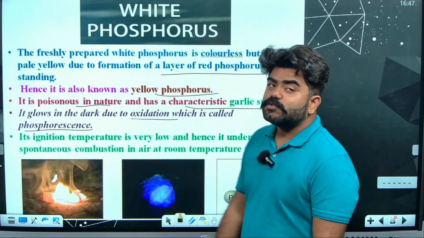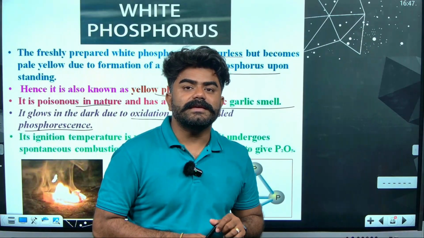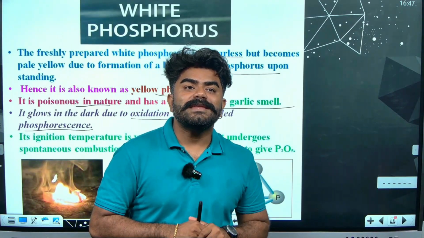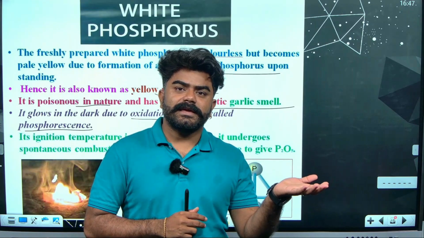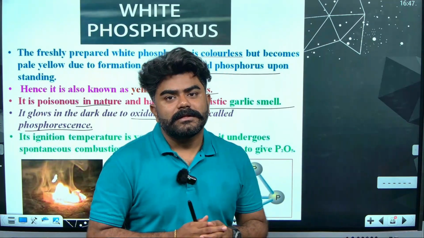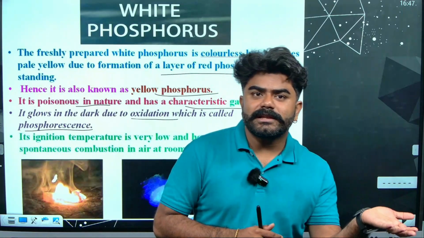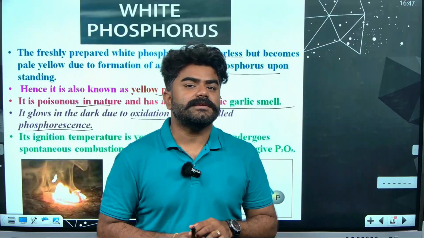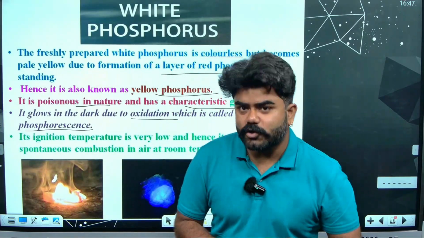Okay, and you see a very important nature of this white phosphorus is that it has a very low ignition temperature. அதை எடுத்து வெளியில வச்சாலே room temperature-லே it will catch fire. Okay, so அதனால தான் we say white phosphorus-அ டைரக்டா எடுத்து வெளியில வைக்க முடியாது அப்படின்னு. ஏன்னா அது fire catch ஆயிடுச்சுன்னா it will be converted to phosphorus pentoxide.